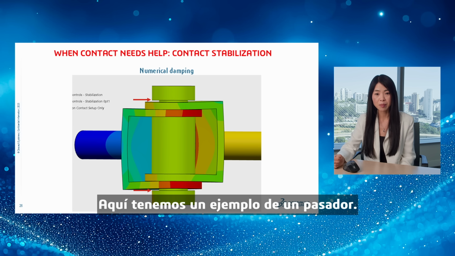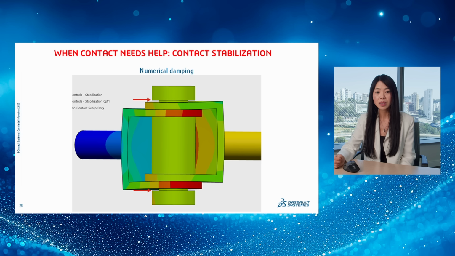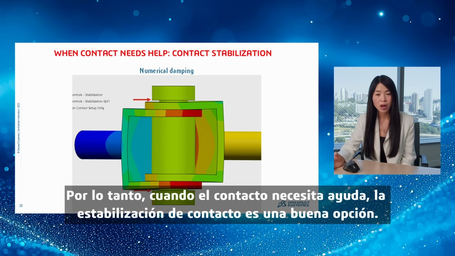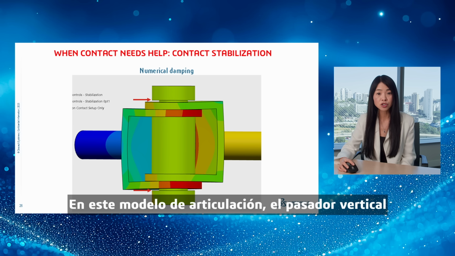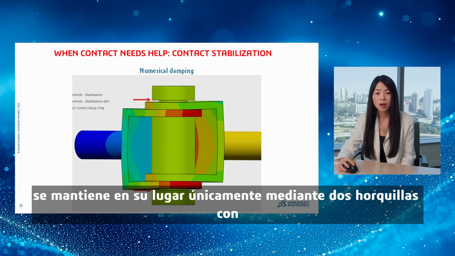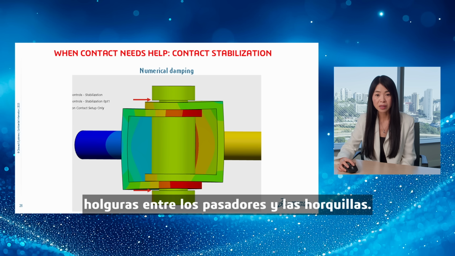Here we have an example of a pin joint model. So when contact needs help, contact stabilization is a good option. In this pin joint model, the vertical pin is held only by two clevises with gaps between the pin and the clevises.